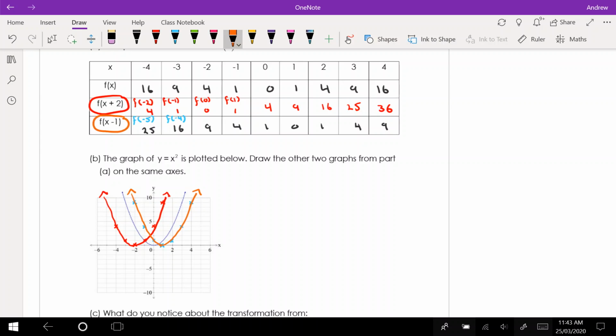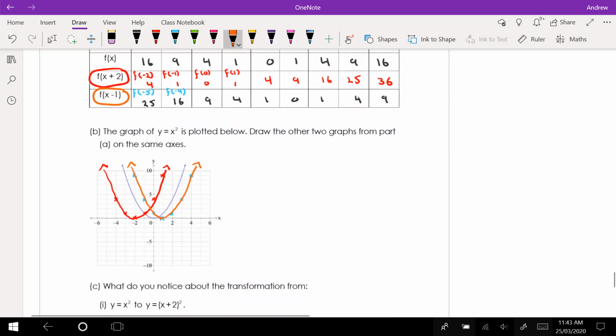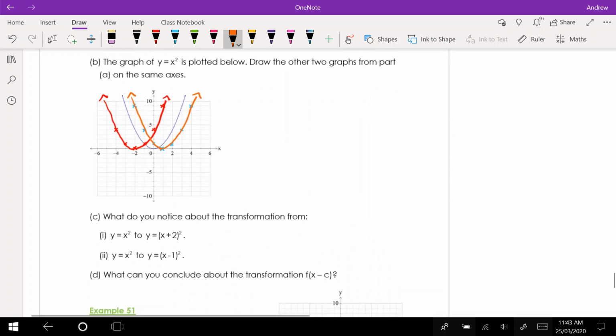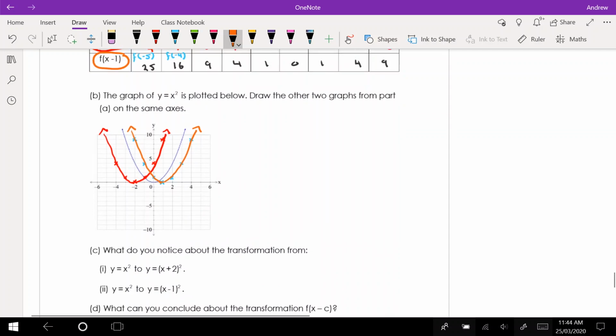So we should probably all know what this transformation already does because we've seen this transformation so many times, okay? When we take a value away from x inside my bracket, so when it's f of x take away c, it just translates it that many units. So for my first one, for x plus 2, what's the transformation that happens? We move, where, Ollie? 2 to the left.